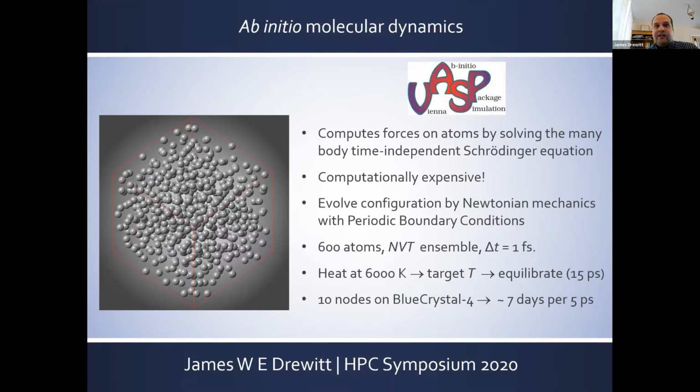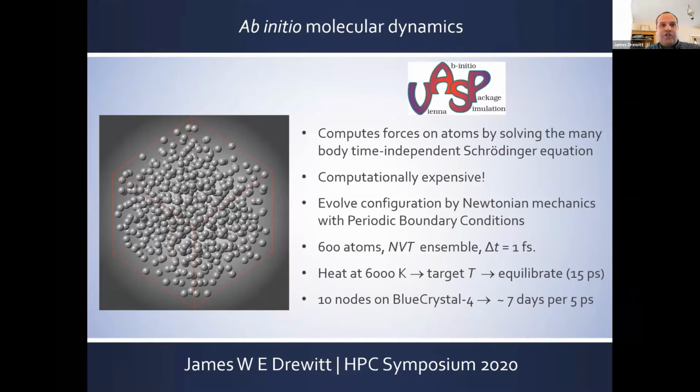And then the structure was first melted at 6,000 Kelvin to ensure complete melting of the gallium, before cooling to target temperature and equilibrating for 15 picoseconds with a time step of 1 femtosecond. Using 10 nodes on Blue Crystal 4, giving 280 CPUs, the calculations require 7 days per 5 picosecond interval. So they're quite computationally expensive.